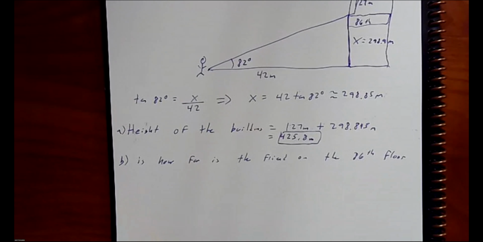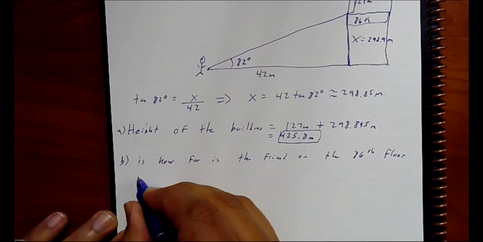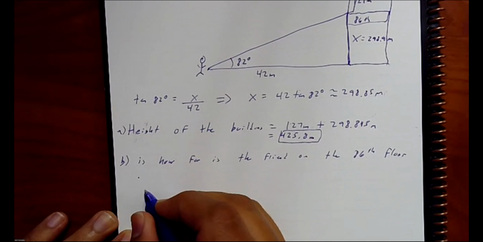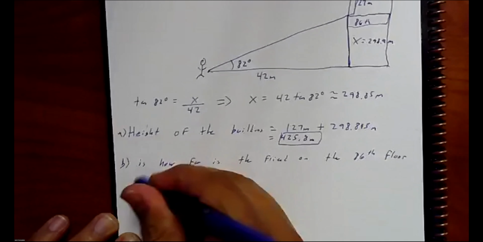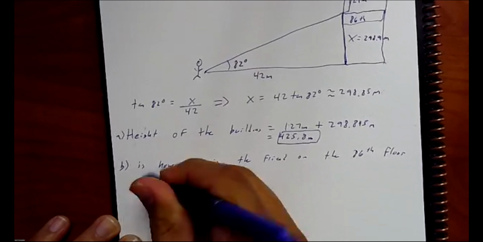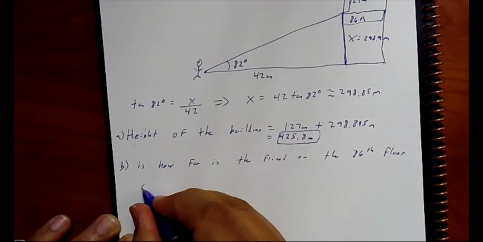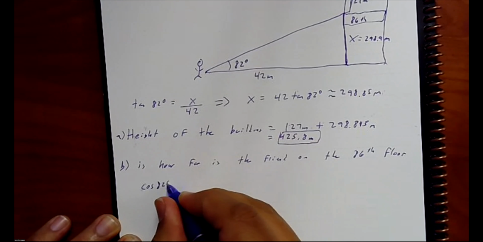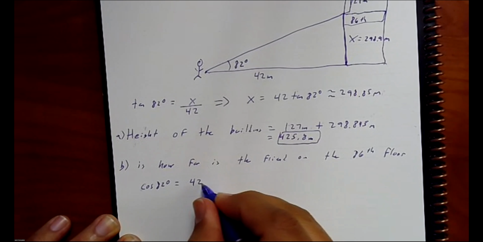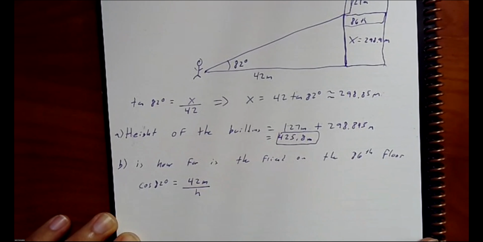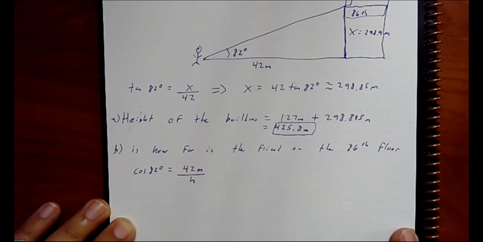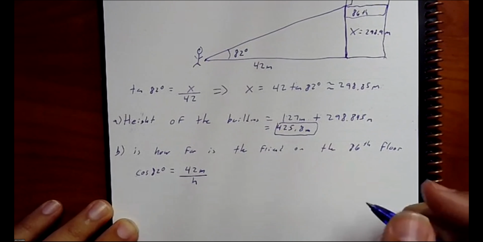Okay, so simply use, we can do sine. Actually, cosine would be better. Cosine of 82 degrees is equal to 42 meters over the hypotenuse. Solve for h.